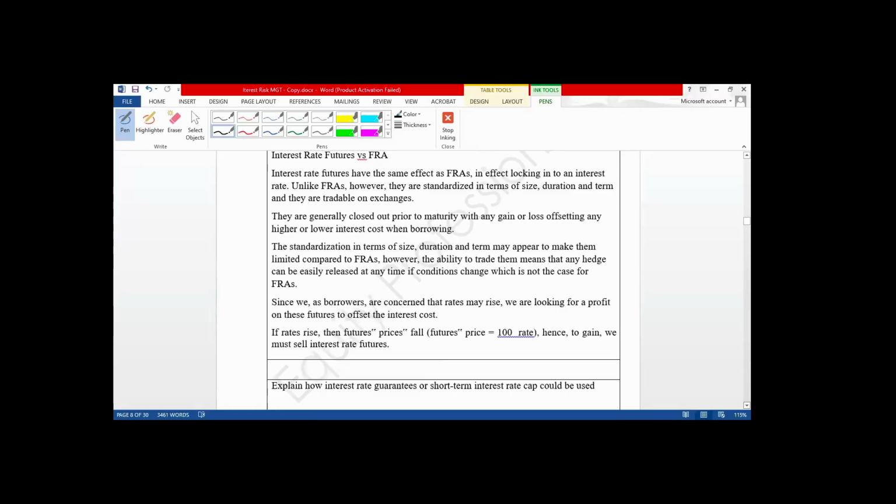They are generally closed out prior to maturity with gain or loss. Your futures contracts are closed out before maturity. And you can either make profit or loss.